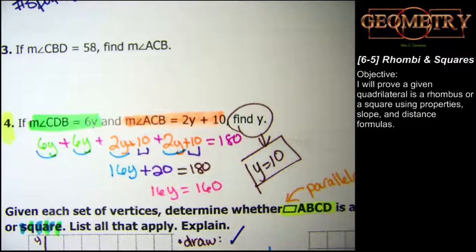Did I get the right numbers? Wait, you got y equals 10? I got y equals 10. No, what did I mess up? Oh, because you wanted to find the whole angle. Wait, that's right. You're right. Okay. I had a moment of, what did I mess up?